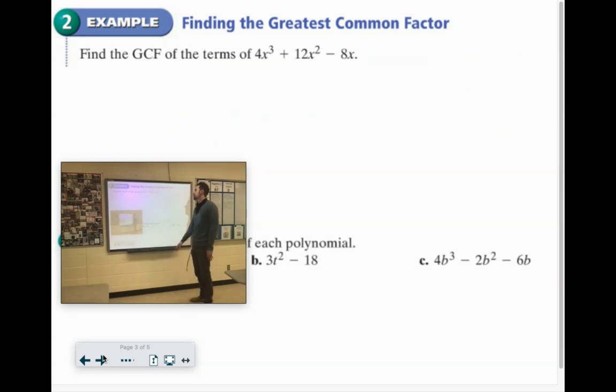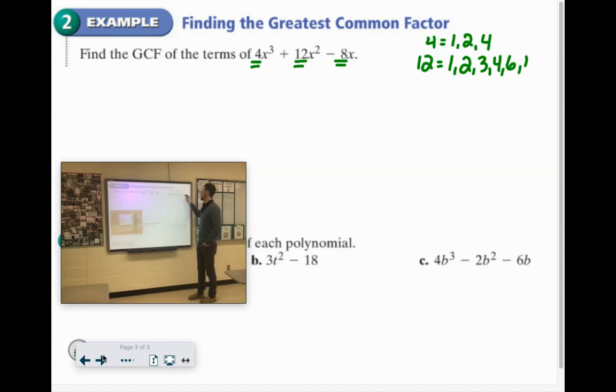Find the GCF of these terms. GCF is the greatest common factor. It is the largest thing that goes into every one of the terms. So first, let's look at the numbers out in front. 4, 12, and 8. Now, the numbers that go into 4 are 1, 2, and 4. Those are the only numbers that go into 4. 12 has 1, 2, 3, 4, 6, and 12.